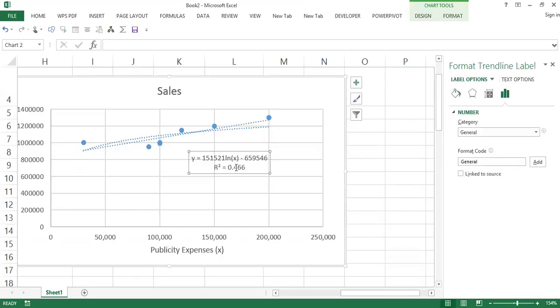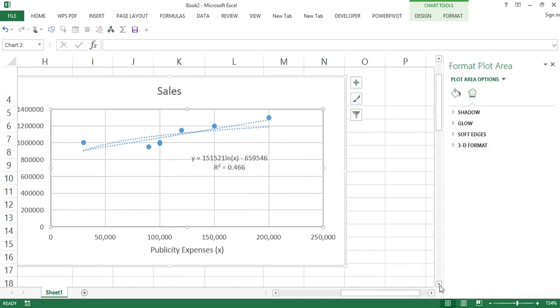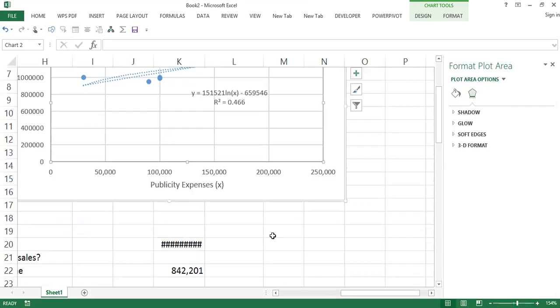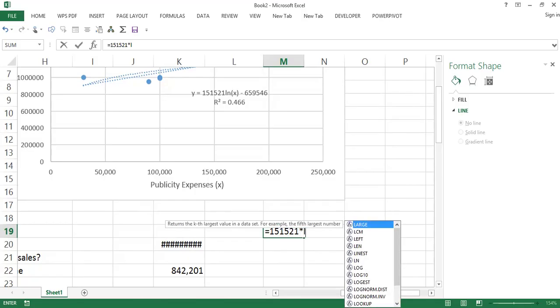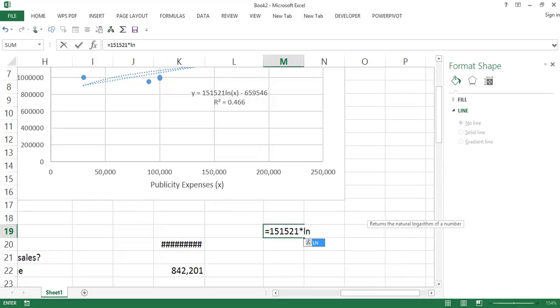Now, for example, this one is the R squared. Of course, this is not suitable, but if we want to pretend that it's suitable and we want to use it, just like saying equals, like what we did before, 151521 times natural log, ln of X, which is 250, the advert publicity, which was 250 in the example we did earlier, right?